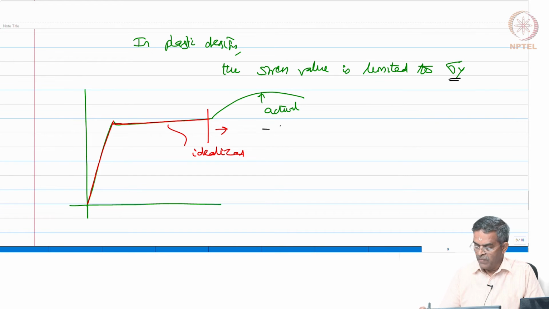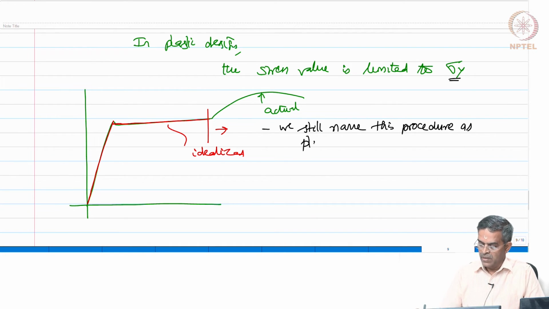Because we still name this procedure plastic design, because we permit plastic deformation.